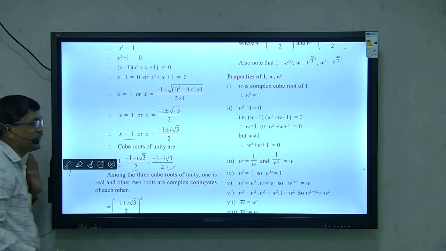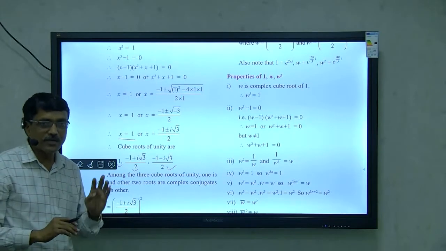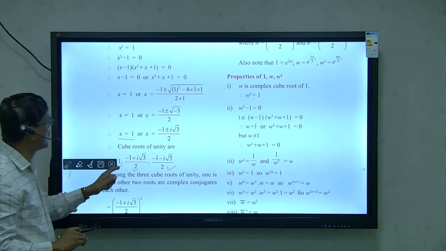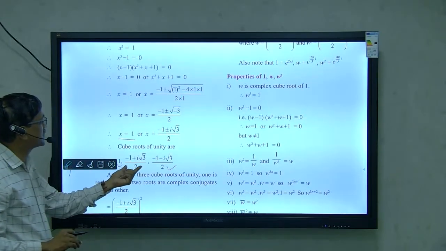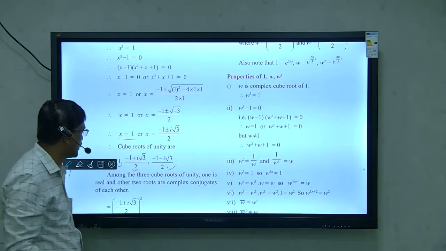These are the three values because the equation is a cubic equation and we have obtained three values of x. The first one is 1, the second one is minus 1 plus i root 3 upon 2 and the third one is minus 1 minus i root 3 upon 2.